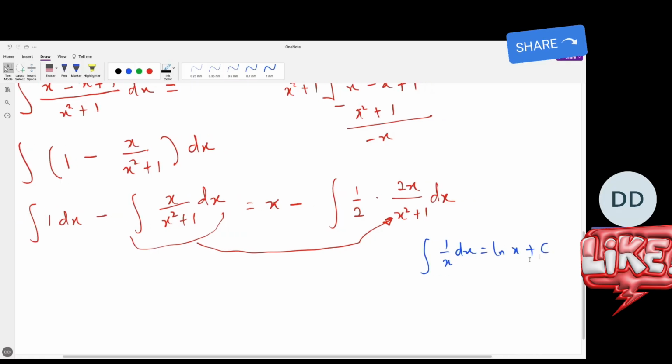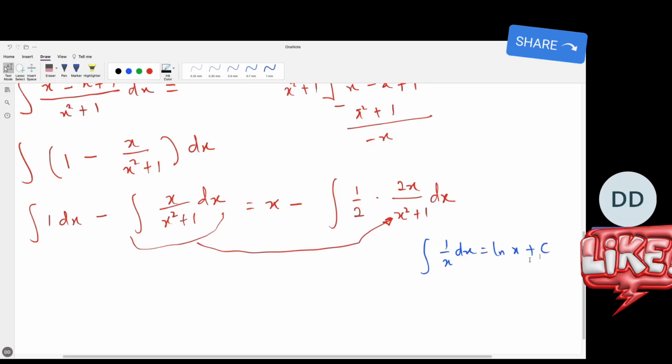Is that correct? Yes. The question is, how do you know this? What you have to look at first is the denominator. The idea is this. If you can differentiate the denominator and it gives you the numerator, then your final solution should be the natural log of your denominator.